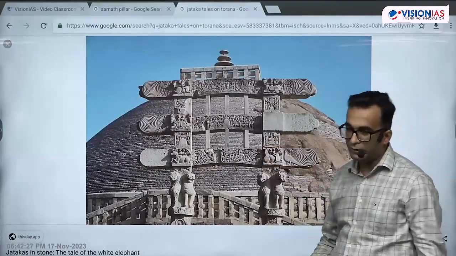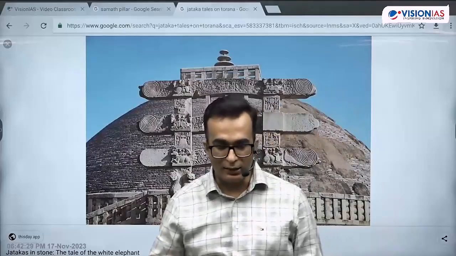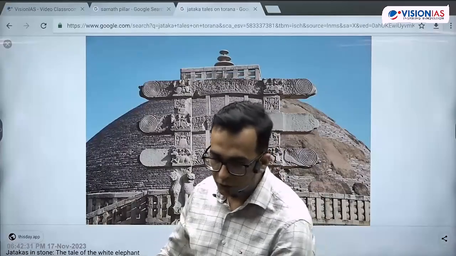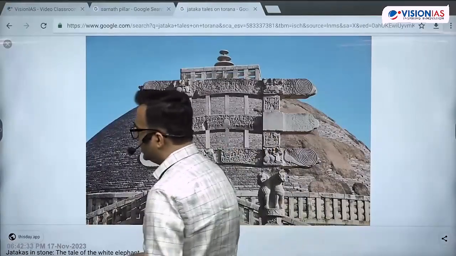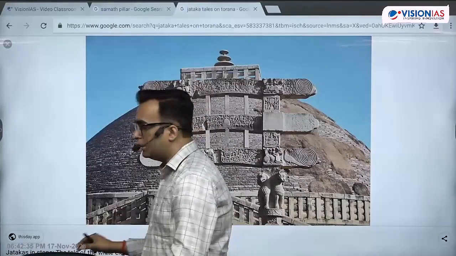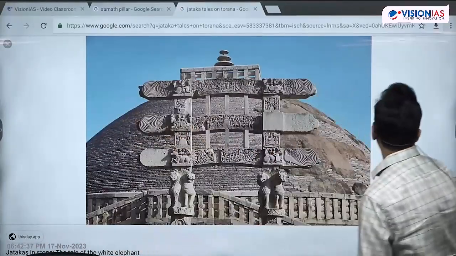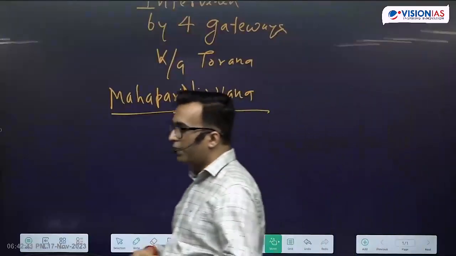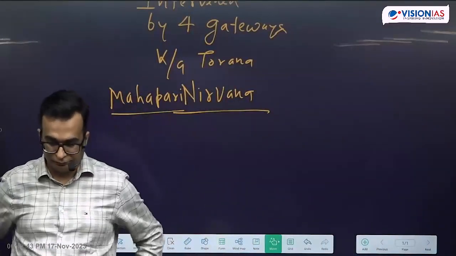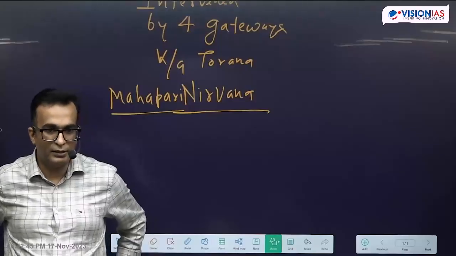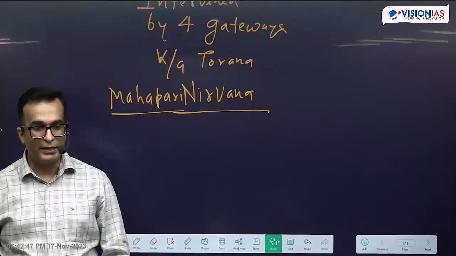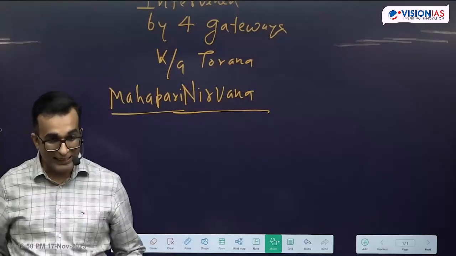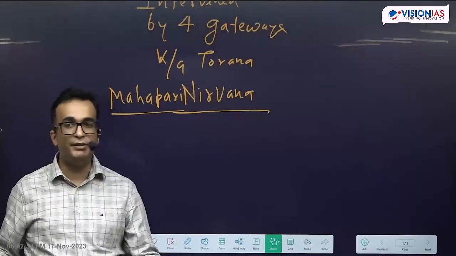So mention what you have written. The last thing: on Toranas, Jatak Kathas were also engraved. Engraved, E-N-G-R-A-V-E-D.